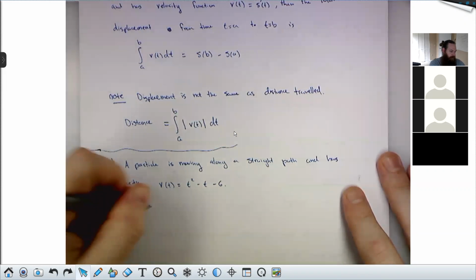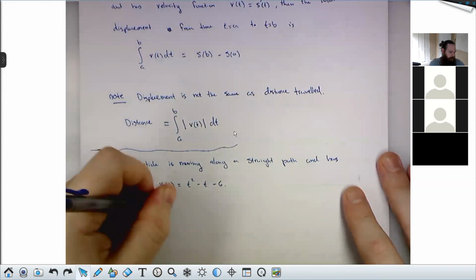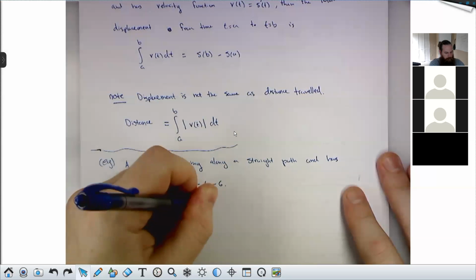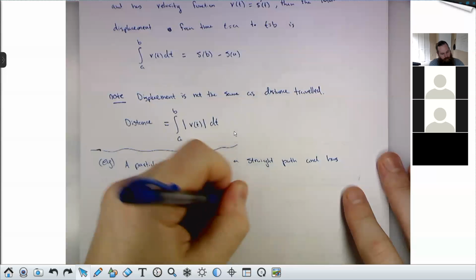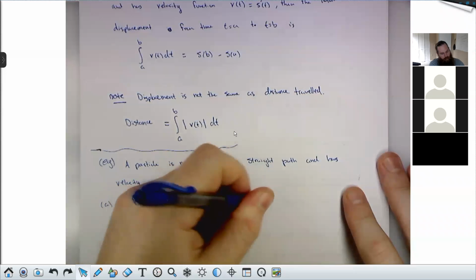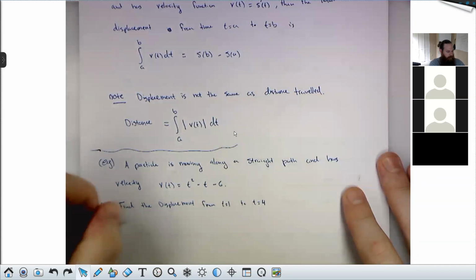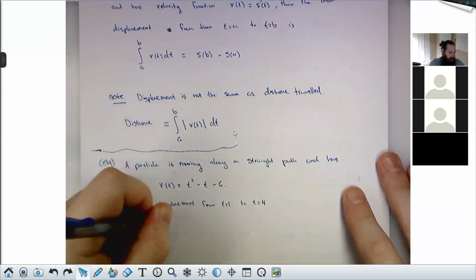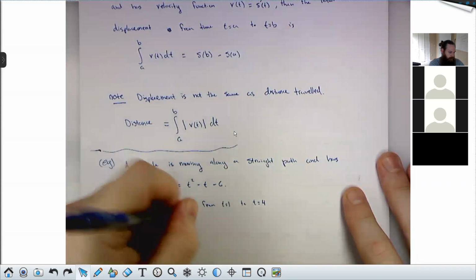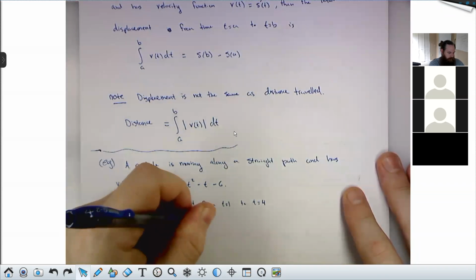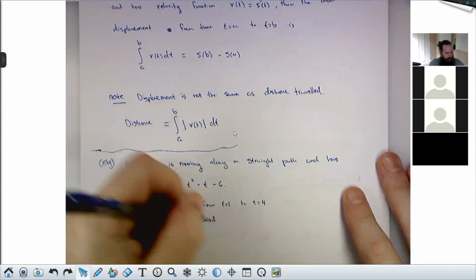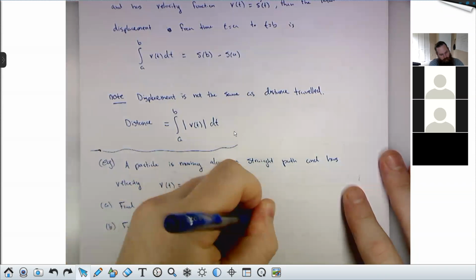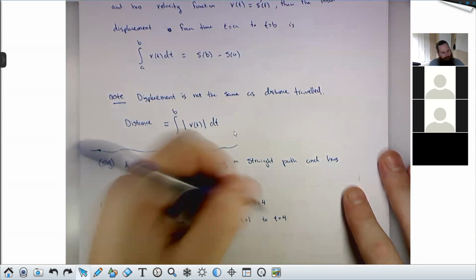Part A: find the displacement from t equals 1 to t equals 4, and part B, find the distance traveled from t equals 1 to t equals 4.